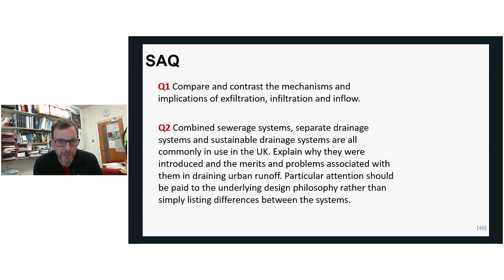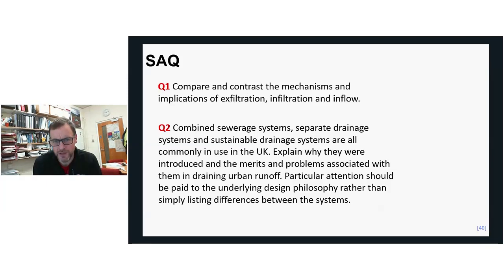So a good way of thinking about answering this question is to think about the transition, if you like. A simple way of looking at this is we started off with combined systems, and remember how I spoke about how these started off as water courses which people were discharging to, which became covered over, and they were the first combined systems.